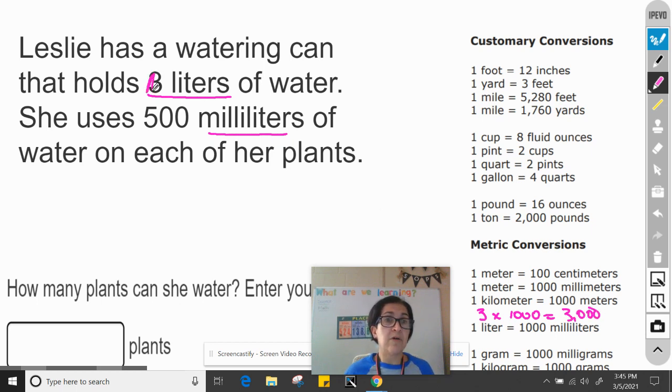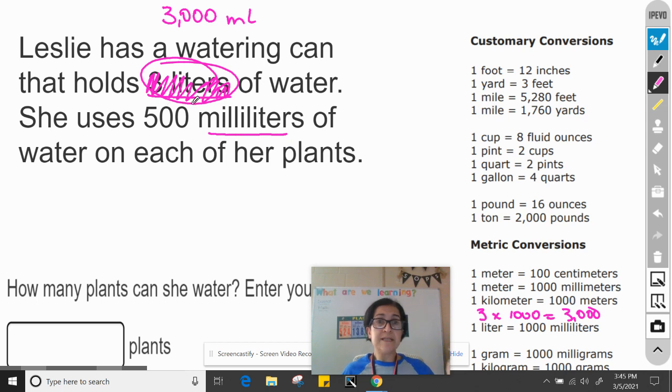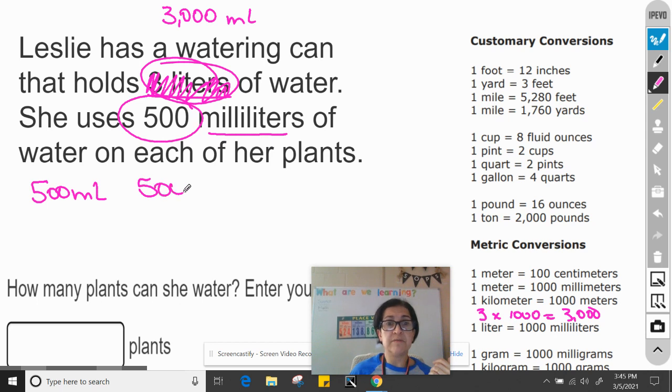So I'm not going to use it like this. I'm going to use 3,000 milliliters, which is the same amount as 3 liters. Okay. Now every time I water the plant, I use 500 milliliters. So 500 milliliters is one plant. Another 500 milliliters is another plant. Well, 500 plus 500 is 1,000.